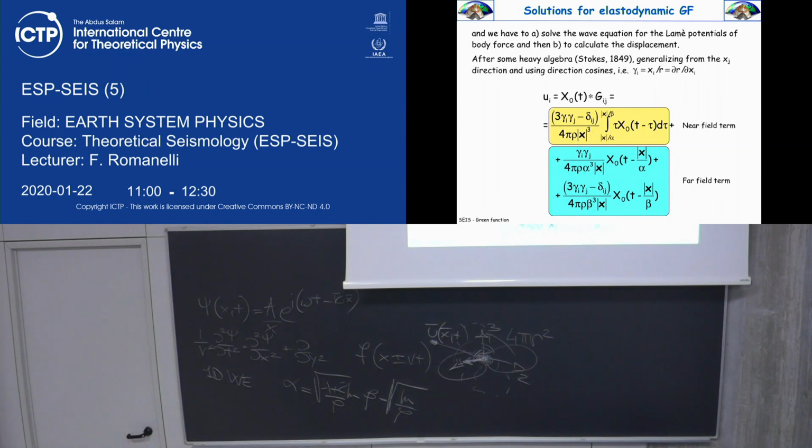Why near? Because this term here that we were not waiting for is falling with the cube of a distance. So after some distance, this will be much smaller than the other one. That's a tricky part. Because actually, it's not easy to say when you are in the near field and when you are in the far field.